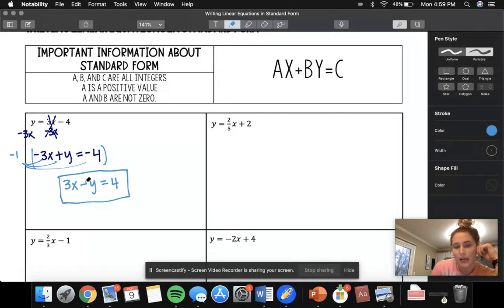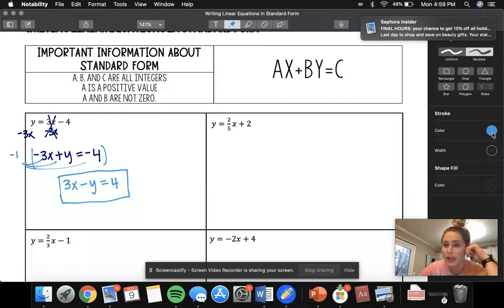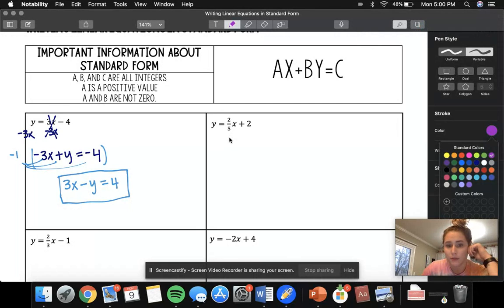Okay, now this next one right here, it is in slope-intercept form, but we do have a fraction as the slope. So we could do this a couple different ways. We can first either move the x, or we can get rid of the fraction first. It's totally up to you guys. I'm just going to go ahead and move it first. I'm going to get rid of this 2/5 x because I know I need to put it over on the left-hand side.